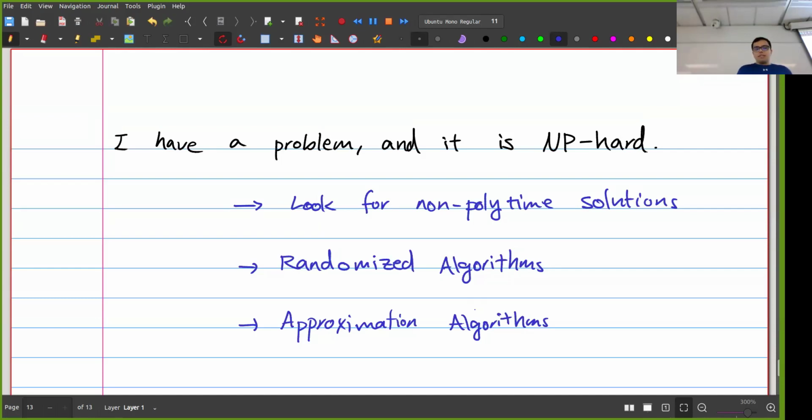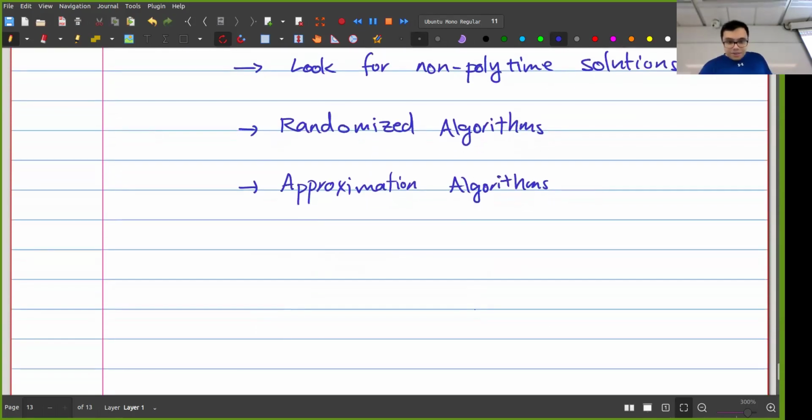Maybe I can find a good enough approximation. Maybe I want to maximize my revenue, and I say that, well, that's NP-hard, but I find an algorithm that guarantees you at least half of the possible maximum amount. Okay, that's an approximation. And the thing that I'm actually going to teach you, which is none of these things, is parameterized algorithms.